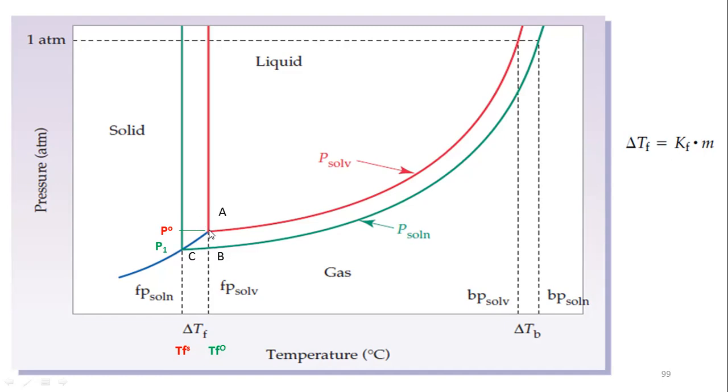This is the A to B. A is the P naught, B is the P1, this is the dy, and what is the dx? It is the CB, and C is the TFS, and B is the TF naught. TFS is the freezing temperature of the solution. TF naught is the freezing temperature of the solvent.